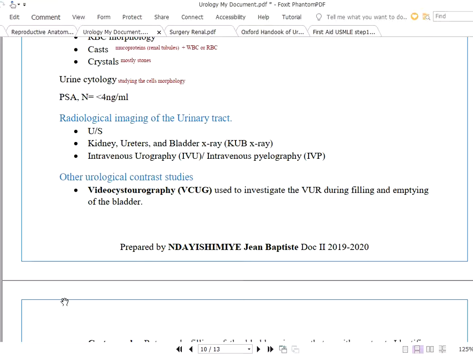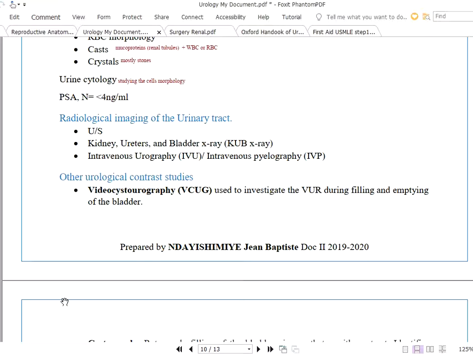As we go through the different PowerPoint presentations, we'll find the reasons why a surgeon or urologist can request intravenous urography for a patient, because there are various reasons for evaluation. You inject the dye into the patient's vein, then as the dye gets filtered at the level of the glomerulus, you take pictures to be analyzed.